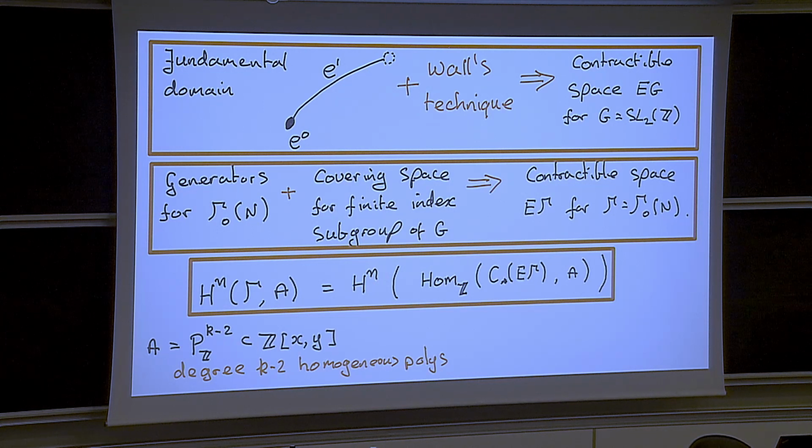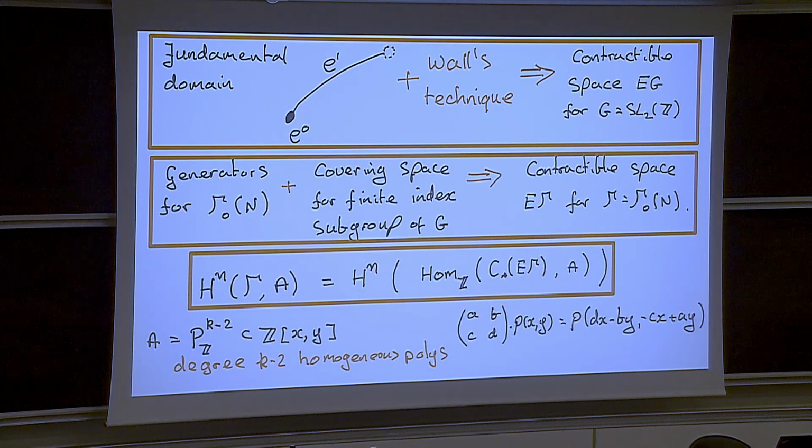And then what was this module A? Well, now I'm going to change things slightly. I replace Z by C. So I'm taking all homogeneous polynomials of degree k minus 2. And the group acts. So the group is a subgroup of 2 by 2 matrices, and it acts on a polynomial. I hope I've got this right.